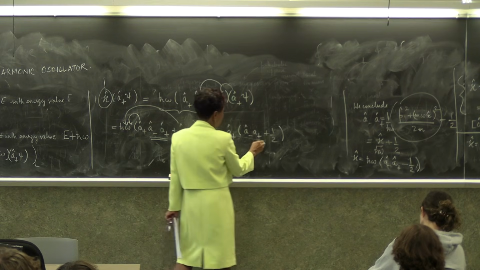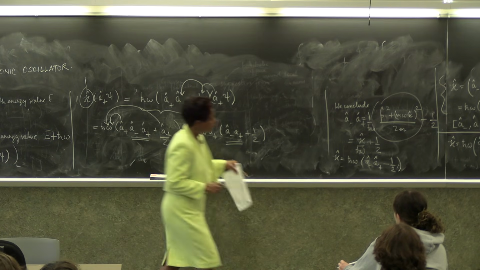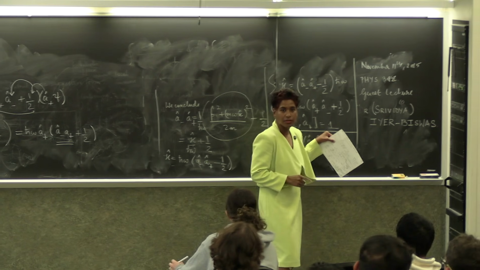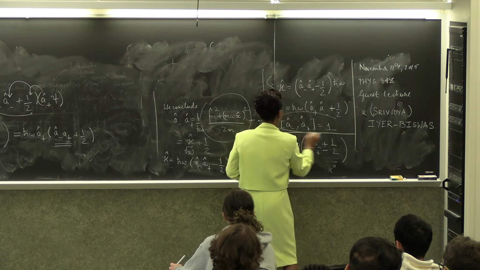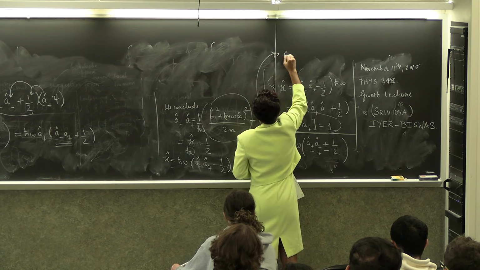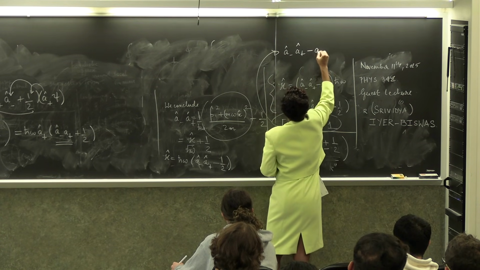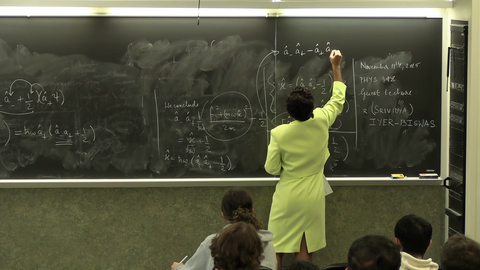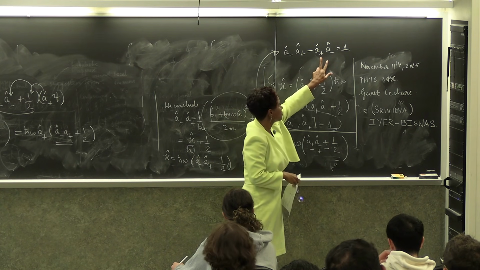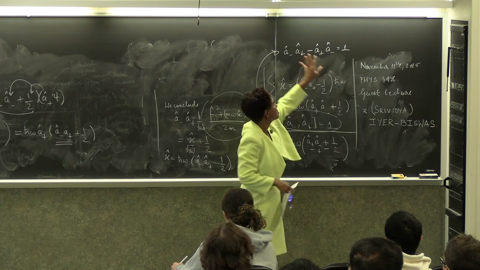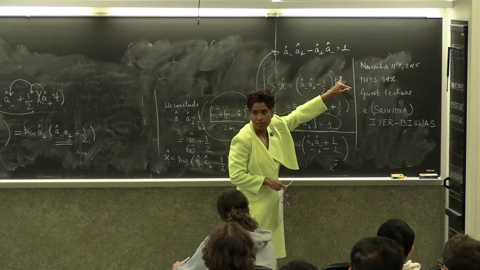Now I want to flip the order of this, but I have to pay a cost, and that cost is given to me by the commutator. Because the commutator, so let's unpack this relation again. This relation is telling us A minus A plus minus A plus A minus is 1. I want to trade A minus A plus for A plus A minus. So I have to rewrite A minus A plus as 1 plus A plus A minus.